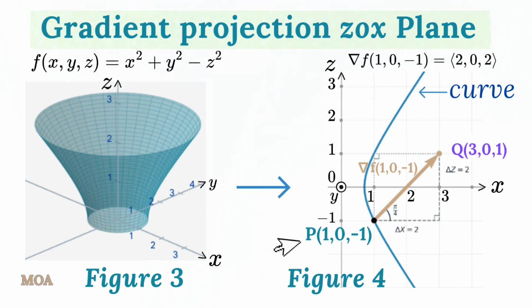Focusing on the Zox plane, we see a vector starting at P, 1, 0, negative 1, and ending at Q, 3, 0, 1. This defines the vector with components 2, 0, and 2, which equals the gradient of f at the point 1, 0, negative 1. Well, what next?